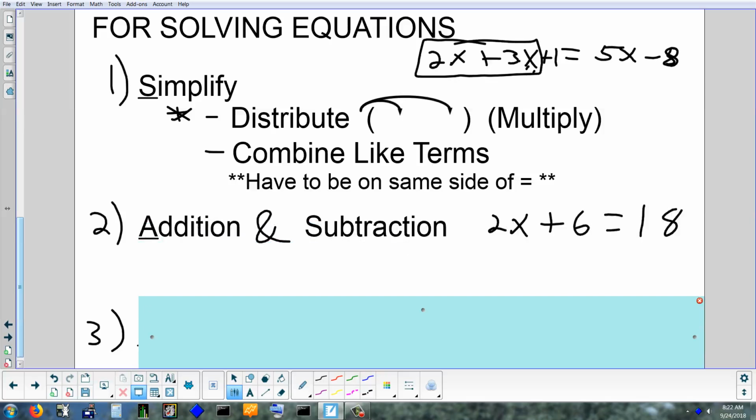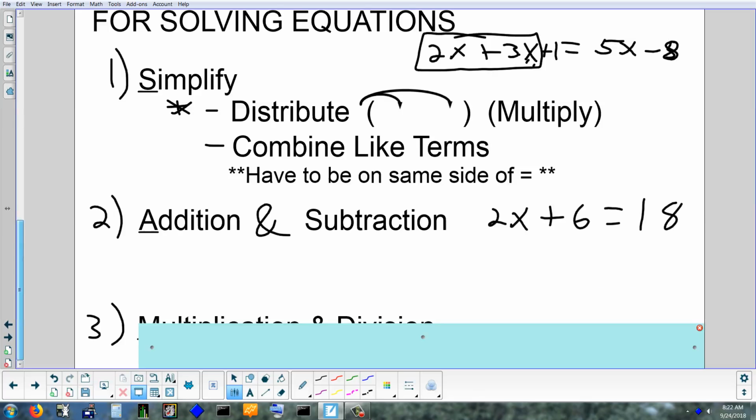There's something there that you would have to subtract from both sides. Does anybody see what you would subtract from both sides? 6. In that case, it was subtraction. Sometimes it might be addition.